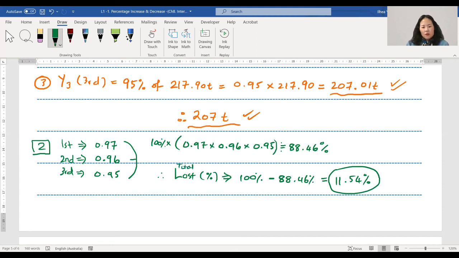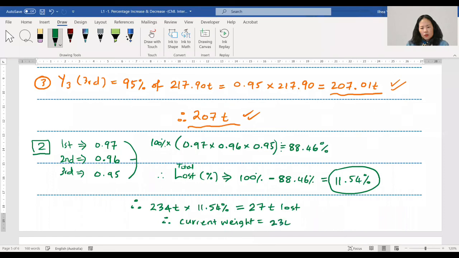So therefore, weight in tons is 234, the original, times 11.54%. Put that in your calculator, you will get 27 tons lost. So that your current weight equals 234 ton, take away 27 ton equals 207 ton.